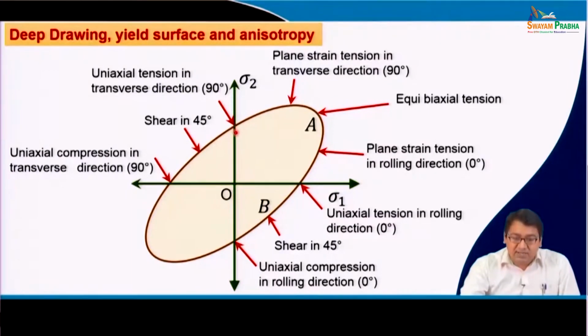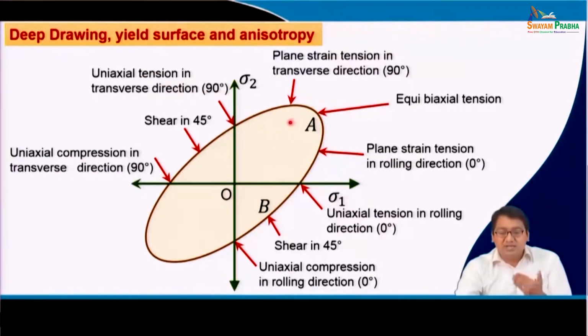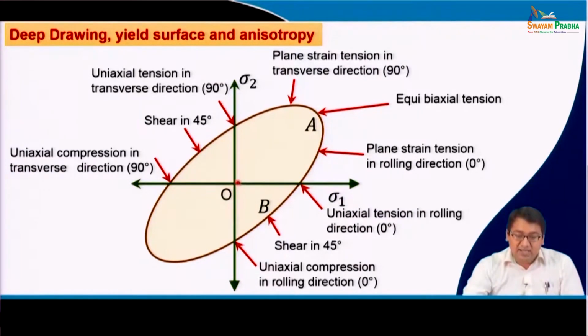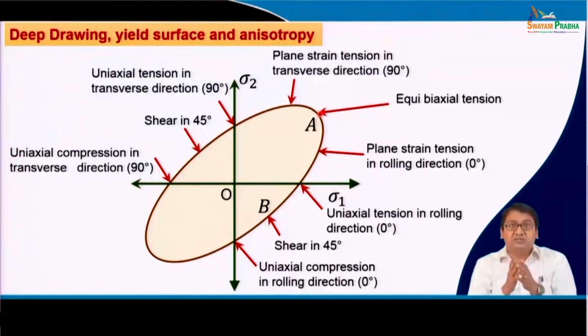On the other hand, if there is tensile deformation which is plane strain and mostly towards the transverse direction, it could be here. If it is plane strain tensile mostly towards the rolling direction, it could be somewhere here, and exactly at the center it is biaxial tension, which is equibiaxial tension.